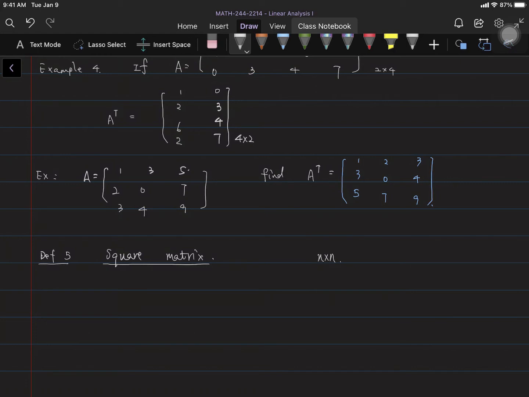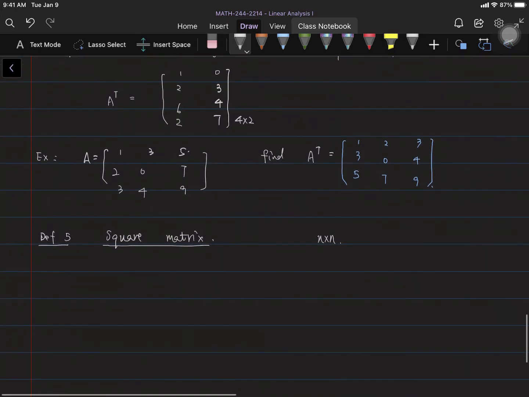So the number of columns and the number of rows are the same. So an n by n matrix is called a square matrix.